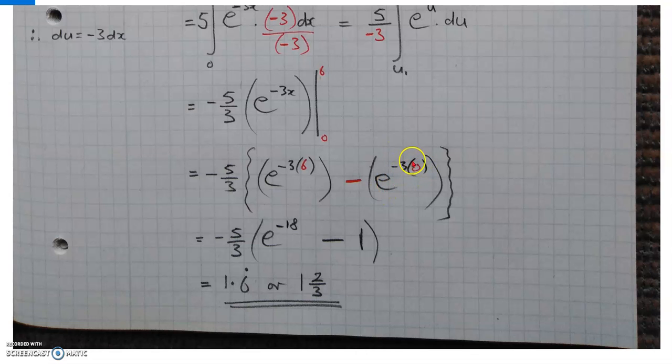So anything to the power of 0 is 1. So there's a minus 1 there. So if you work that out in your calculator, you will get 1 and 1/6 recurring, or as I would prefer to have it, 1 2/3, like that.